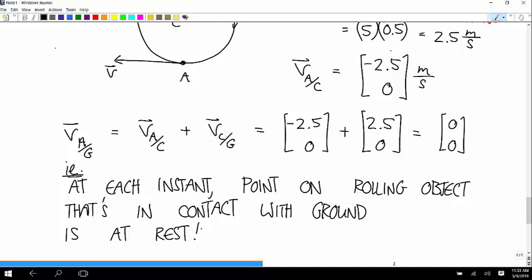Anybody have any intuition about what the acceleration will be of that point that's in contact with the ground at every instant? You'd think, for the same reason, that if the thing isn't slipping, it can't have a different acceleration than the ground.